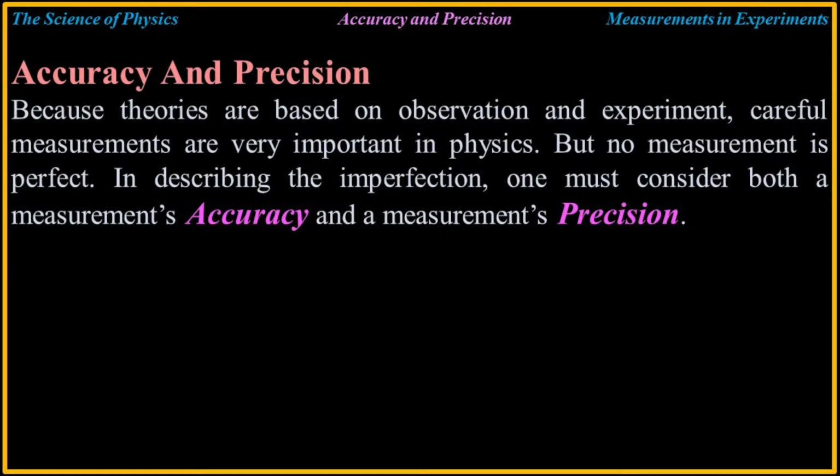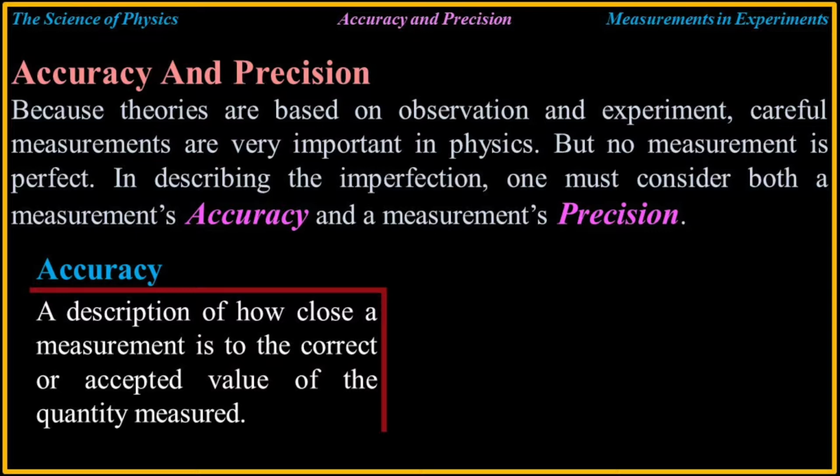Because theories are based on observation and experiment, careful measurements are very important in physics as well as chemistry. But no measurement is perfect. In describing the imperfection, one must consider both the measurement's accuracy and the measurement's precision.